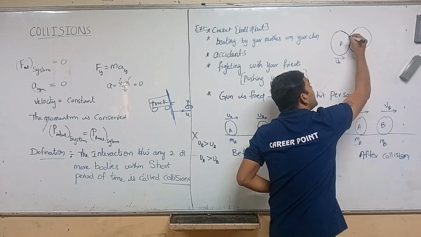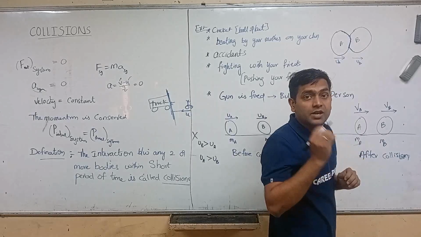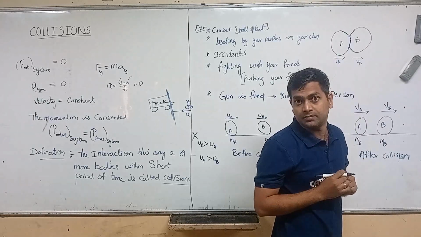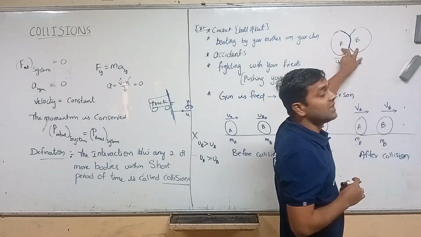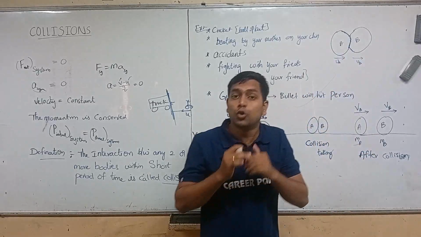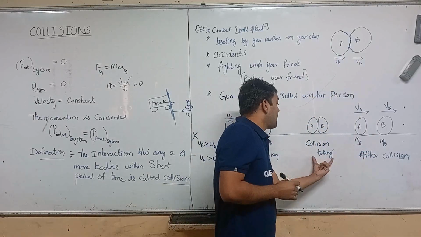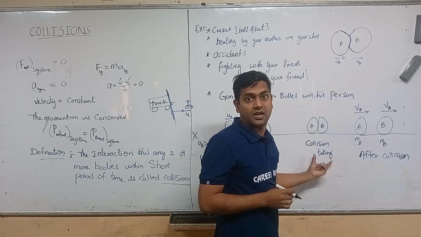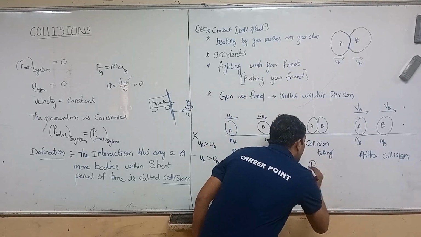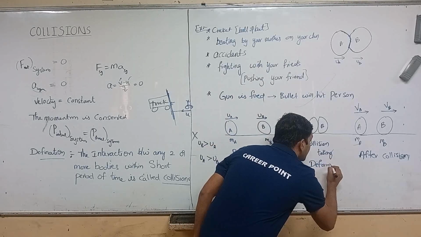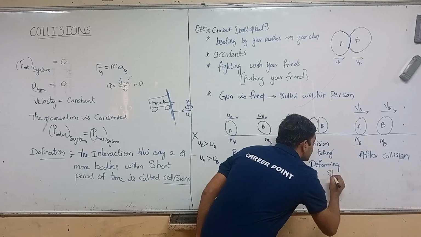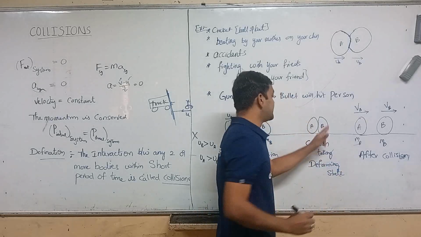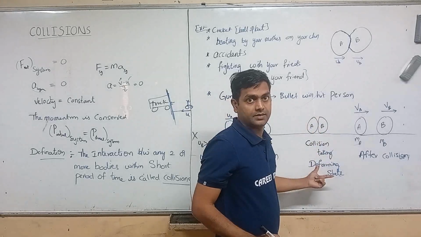So here the shape of the object is going to change. The shapes of objects A and B are going to change when the collision takes place, or we can also call this the deforming state. So this is my deforming state.